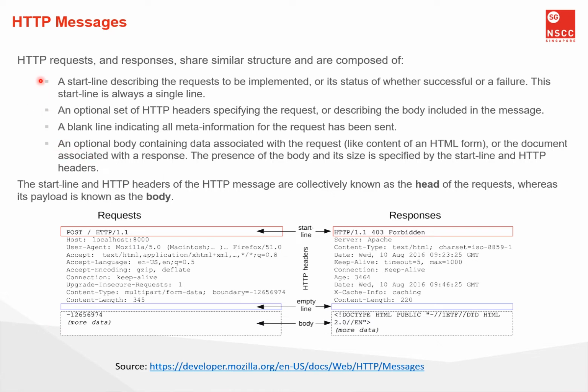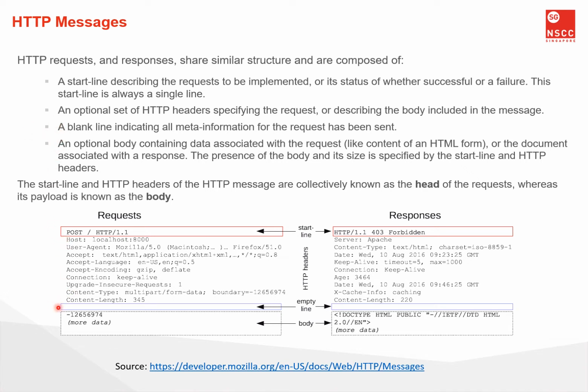So here's the format again: the start line with the request, for example, POST or GET, followed by the name of the request, the URL, followed by the protocol. Then there are a number of optional headers. Normally there's at least the host information, which means where the request is being sent to.